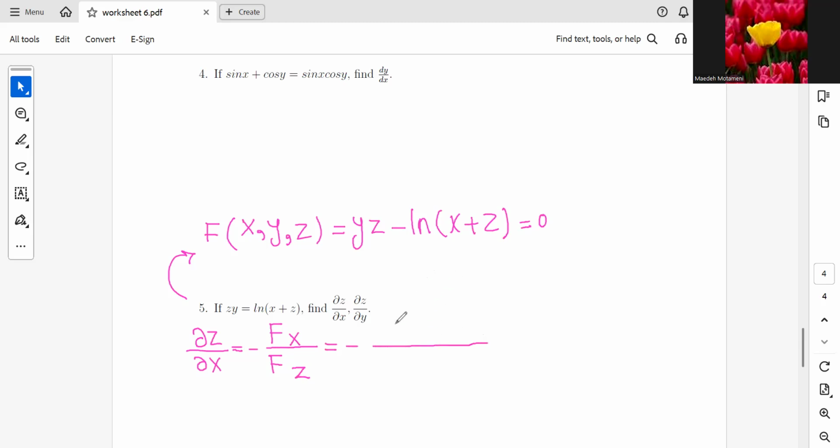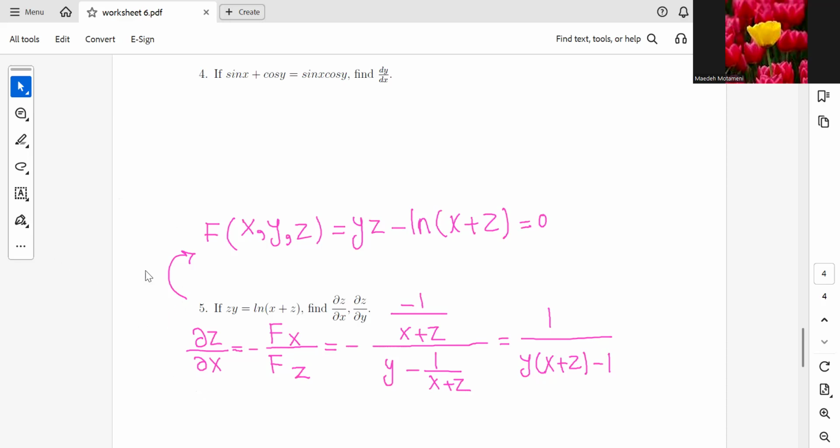And that would be, when you find the partial derivative of capital F with respect to x, the first term doesn't have x, so the second term will have negative 1 over x plus z, and for the partial derivative with respect to z, both terms have z, so y minus 1 over x plus z here. We can simplify this as 1 over y times x plus z minus 1.